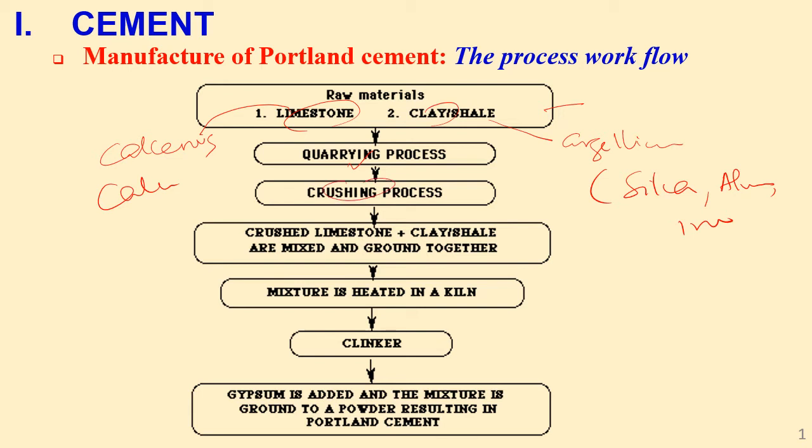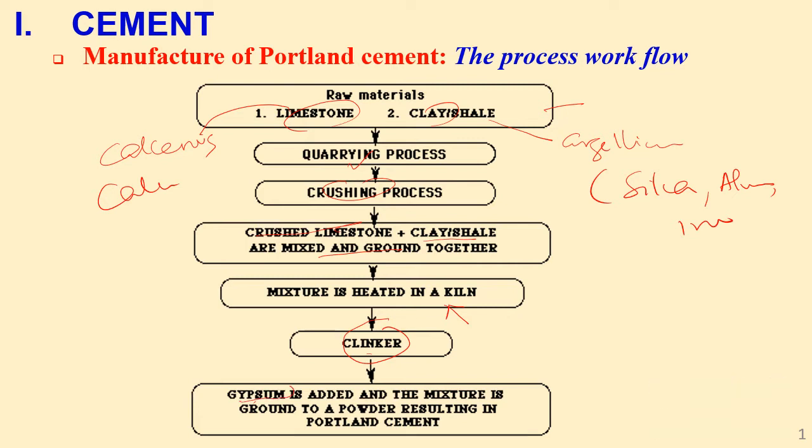Of course, it's a process. Now the crushed limestone and the shale clay are mixed and ground together, then heated in a kiln to form what is referred to as clinker. The temperatures are very high to cause clinkering or sintering, fusing together. Once the clinker is formed, it is crushed into a fine powder.